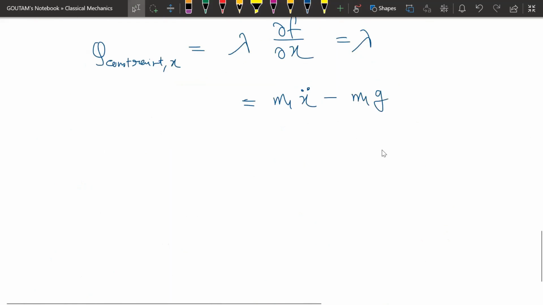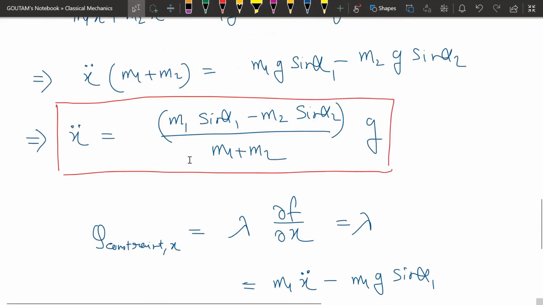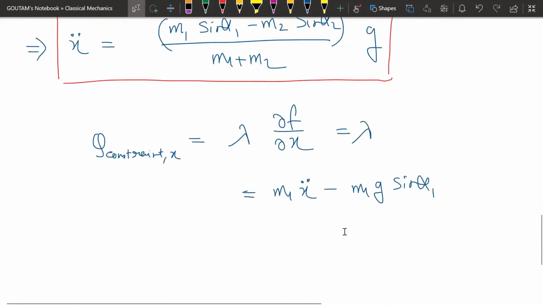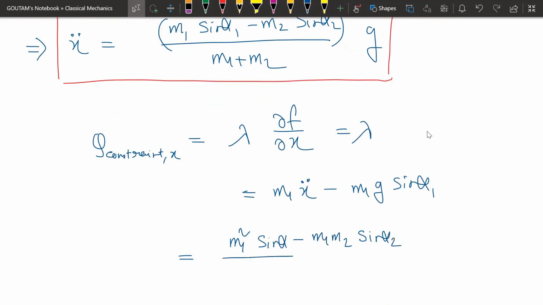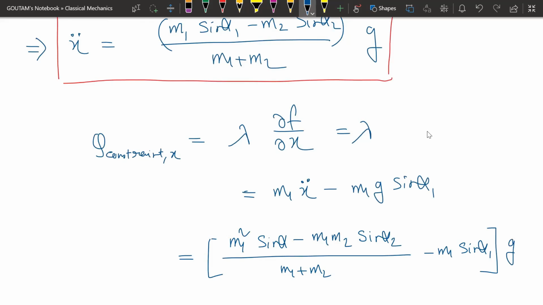Now if you put this value of x double dot here, you will get m1 squared sine alpha 1 minus m1 m2 sine alpha 2 over m1 plus m2 minus m1 sine alpha 1, and the whole thing multiplied by g.